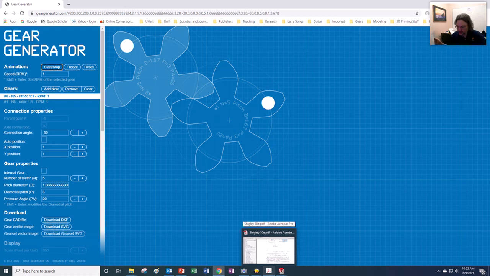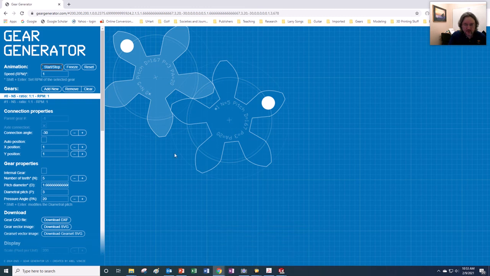I messed around with a couple of other things to try to demonstrate some of the interference possibilities. Running through the numbers will give you some odd results in the number of gear teeth, so be aware of that.